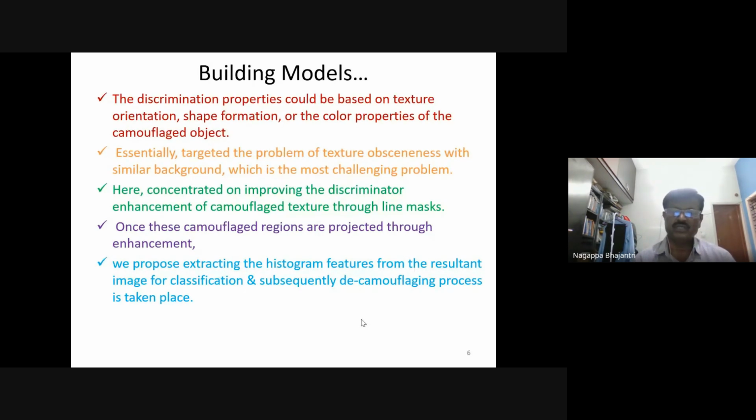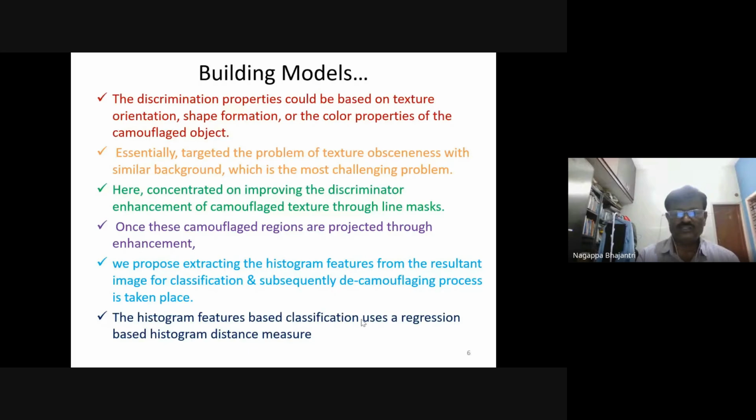For them, we can take a histogram, and the result of image classification and subsequently decamouflaging will take place. So the histogram features based classification is a regression-based histogram, right? We take a histogram and generate the cumulative histogram. Once we have the cumulative histogram, you can draw a line for the fitting, that is regression line fitting.